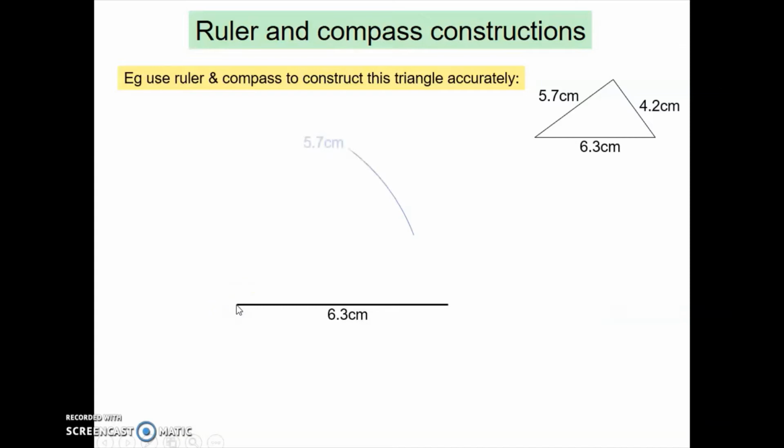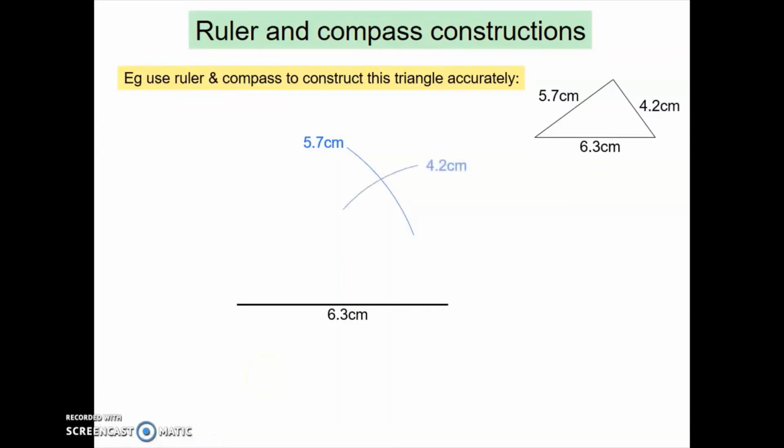So the point of the compass gets placed here, and I open my compass 5.7 centimeters and draw a nice arc. Then I'm going to move my compass over and place the point here, and open my compass 4.2 centimeters. Then I'm going to draw another arc which is going to cross the blue arc I already have drawn. Something like that.